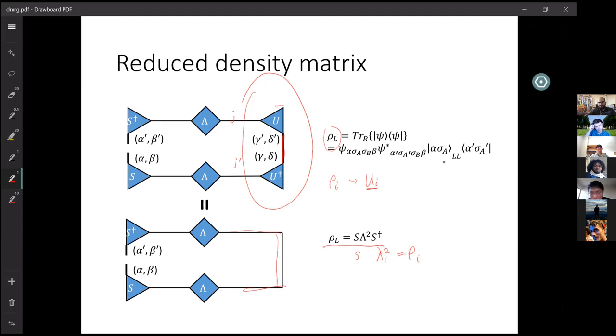Mm-hmm. People tell me that the DMRG is supposed to be getting rid of short range entanglement, right? So is that the same as getting rid of these small Schmidt eigenvalues? How to say that?